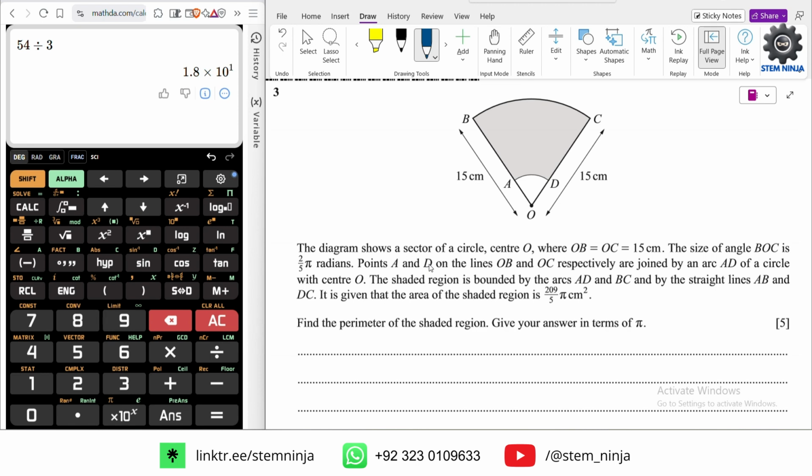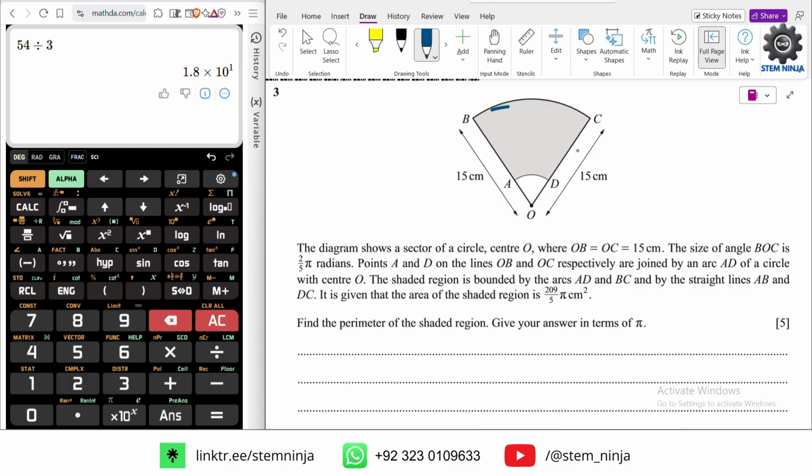Points A and D on the lines OB and OC respectively are joined by an arc AD of a circle with center O.